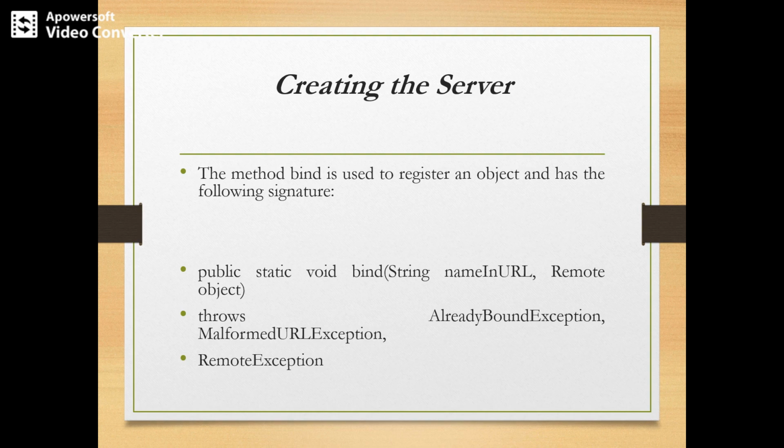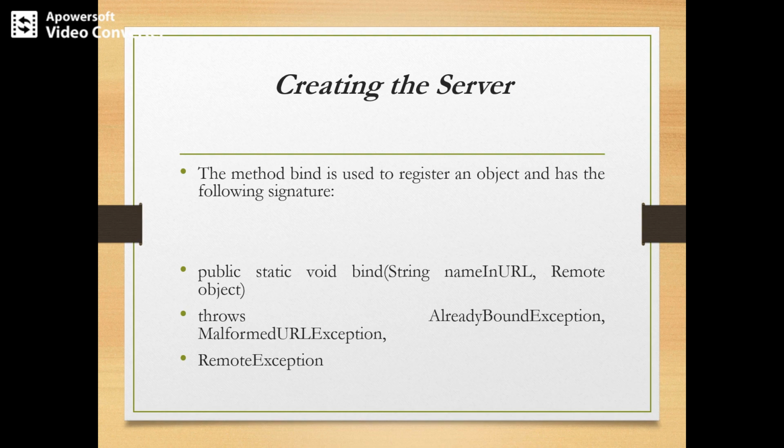That is the major code when creating the server. We have taken the string name URL, the uniform resource locator, as the first parameter, and the other is a remote object, and the exceptions are very important when creating and binding to the network.